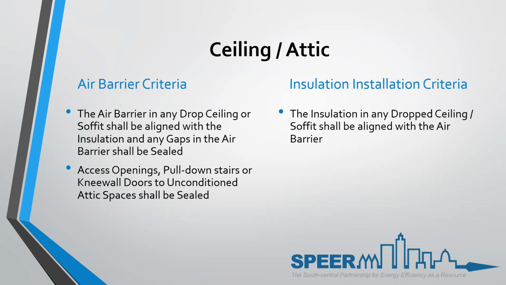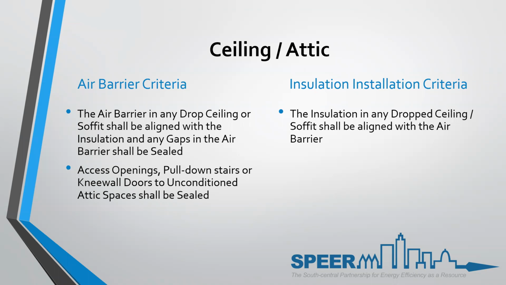Ceilings and attics. So the air barrier criteria is that the air barrier of any drop ceiling or soffit shall be aligned with the insulation, and any gaps in the air barrier shall be sealed. Access openings such as pull down stairs and attic knee walls to unconditioned attic spaces shall also be sealed. Then the insulation criteria is that the insulation in a drop ceiling and soffit should be aligned with the air barrier.